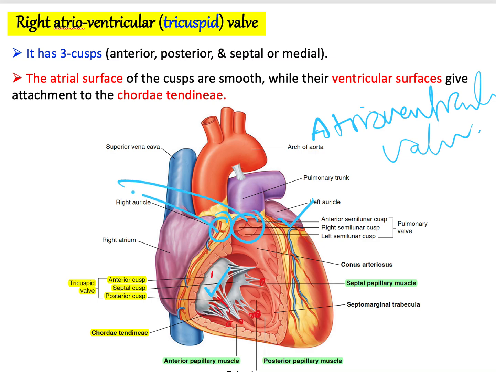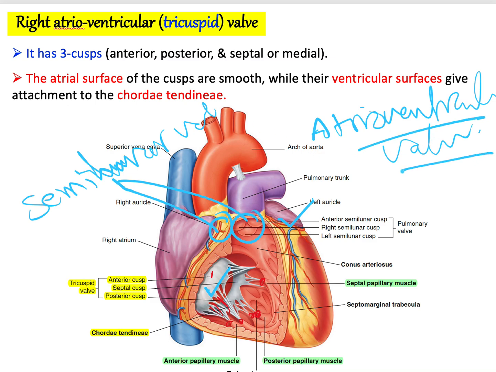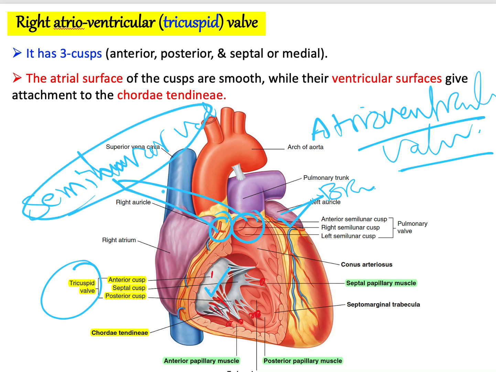Those two valves are known as semilunar valves. So we have atrioventricular valves, like the tricuspid valve and the bicuspid valve on the left side, and we have semilunar valves, which include the pulmonary and aortic valves.